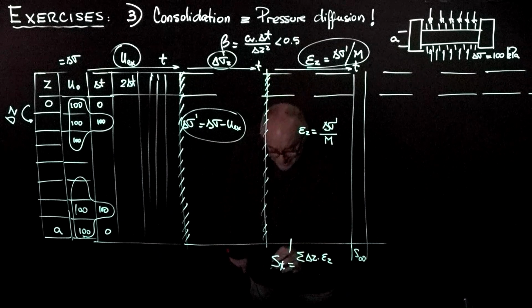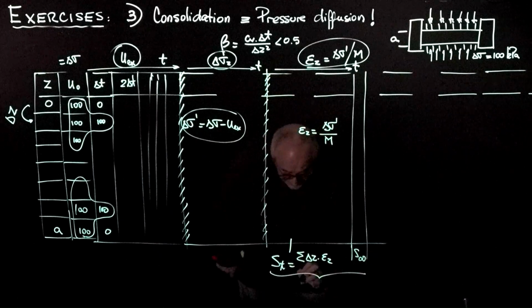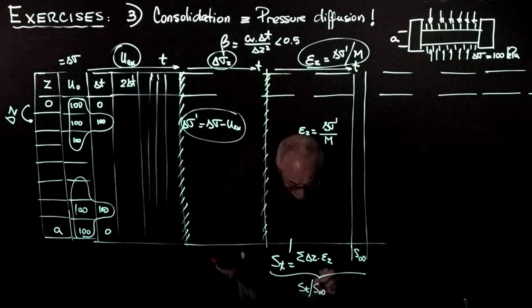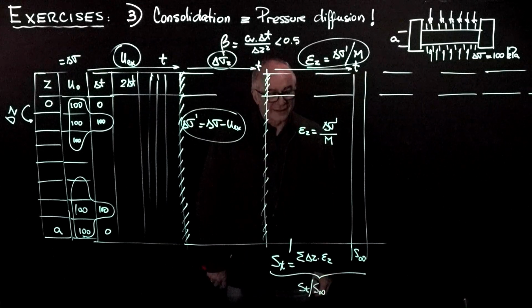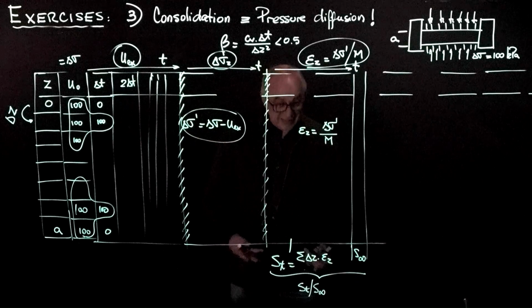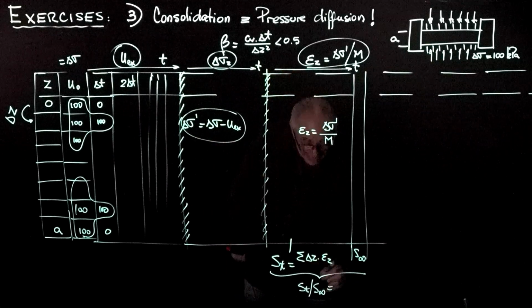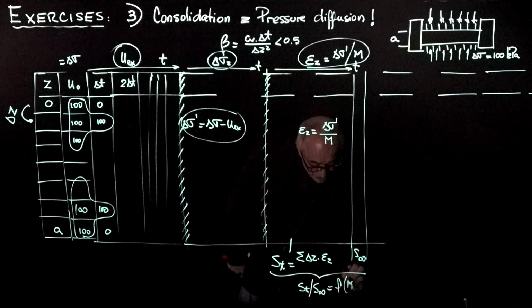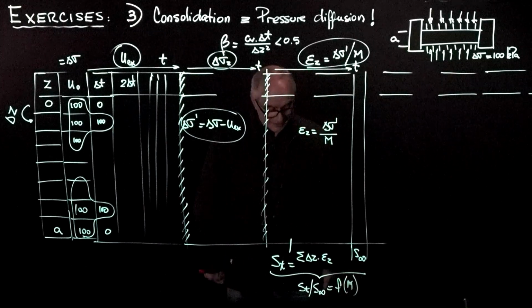Now, if I divide the settlement at time t by the settlement at time infinite, now look what happens. The constraint modulus cancels out, and this is not a function of the constraint modulus in linear theory.